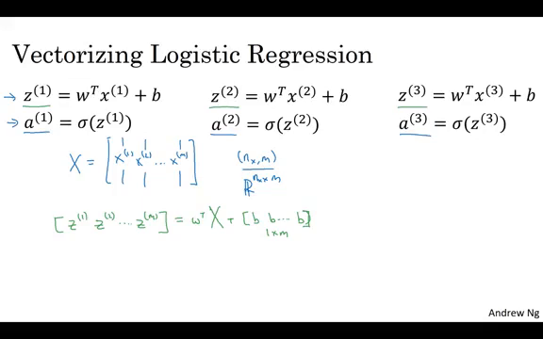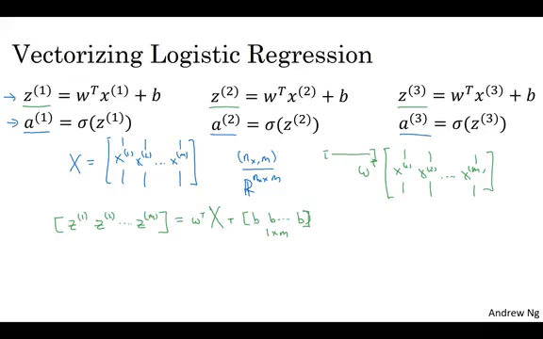Depending on how familiar you are with matrix multiplication, you might see that W transpose times [x1, x2, and so on through xm], that W transpose is going to be a row vector, right?